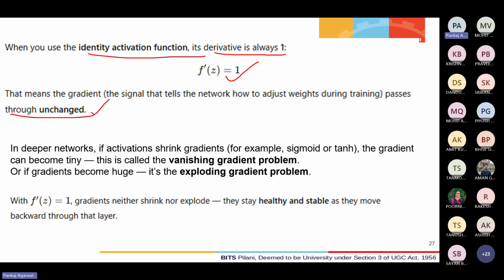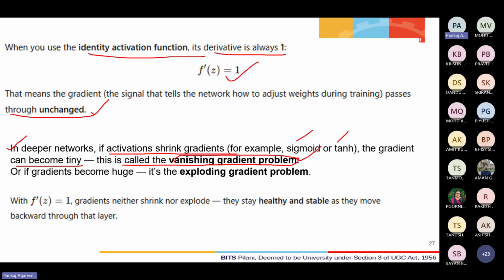single neuron approach. In other words, if I had taken deep neural networks, for example, and the activation shrinks gradients, right? For example, if I'm using sigmoid or tanh, the gradient can become tiny, and this is called the vanishing gradient problem we have already discussed, isn't it? If I had used sigmoid or tanh, it would have reduced the gradients in every step, right?